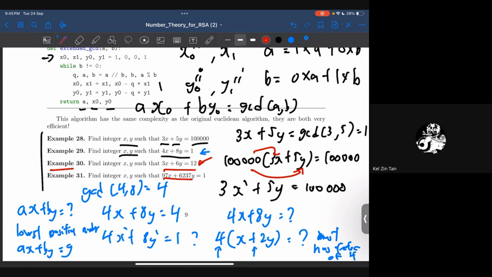It might seem very complicated, but you just need to find whether the GCD of 97 and 6237 is equal to 1. And we know that 97 is a prime number. So if 97 does not divide 6237, then this will always hold, and we can always find such integers x and y.